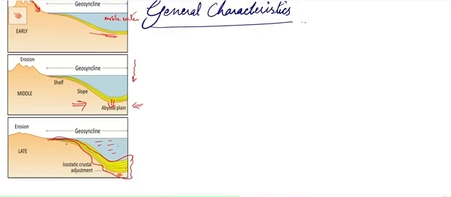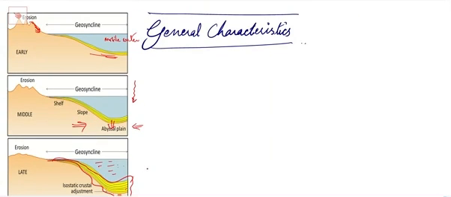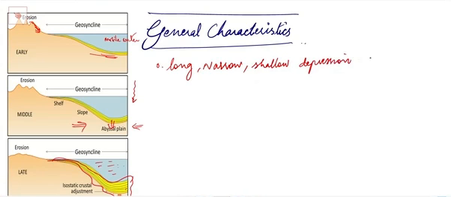So let's see the general characteristics of geosyncline. The first characteristic is that geosynclines are long, narrow, and shallow depressions, shallow depressions of water.